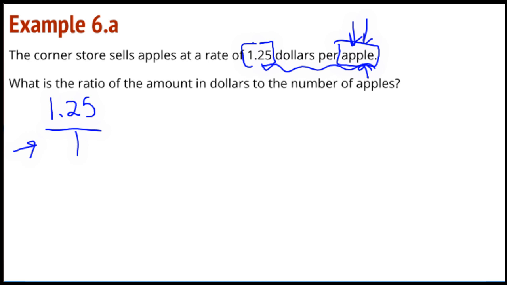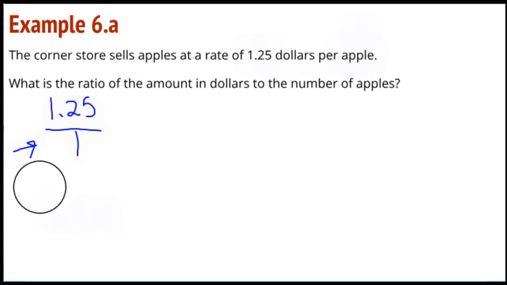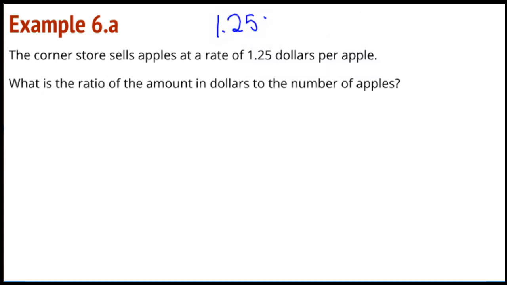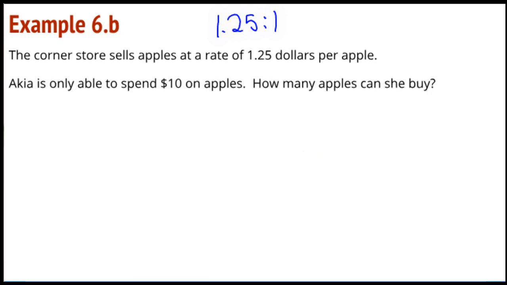So the ratio of the amount of dollars to the number of apples is $1.25 to 1. And I'm going to write that up at the top so that I can hang on to it and use it for the next problem.